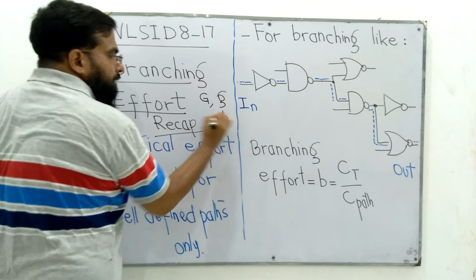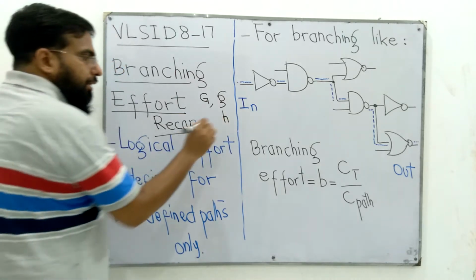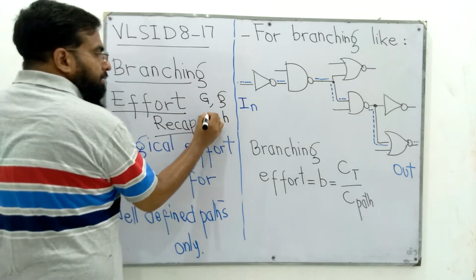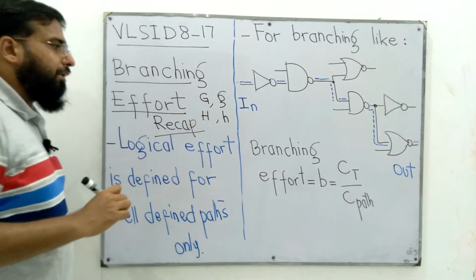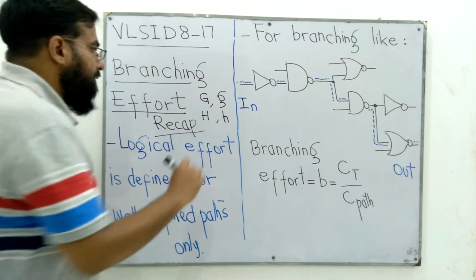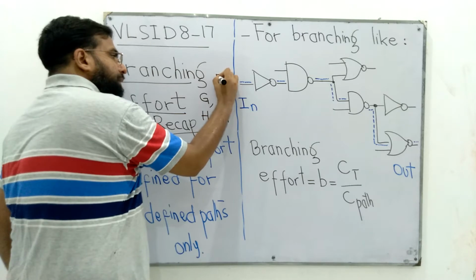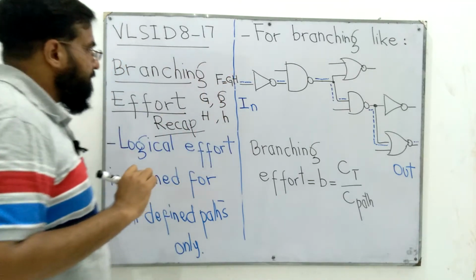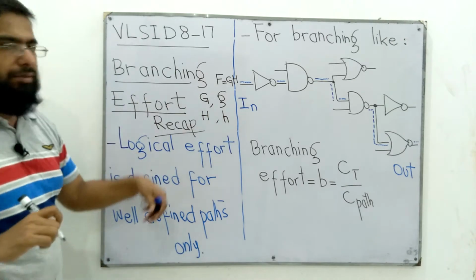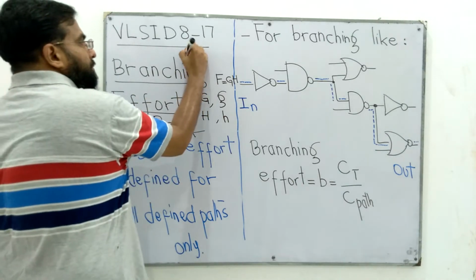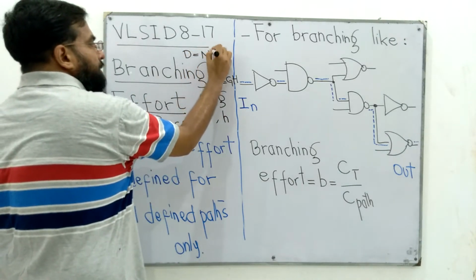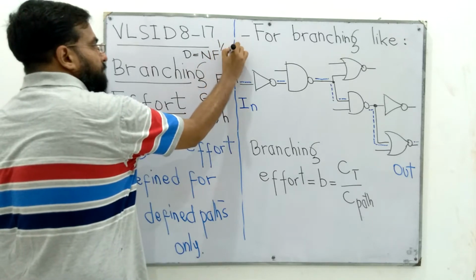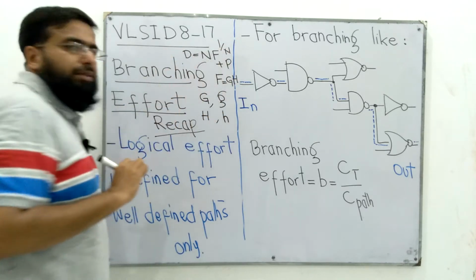We have studied small h, electrical effort of a gate, capital H, electrical effort of the path, and the path effort, capital F, which is the product of G and H. And delay, which is equal to n times F to the 1 over n plus parasitic delays.